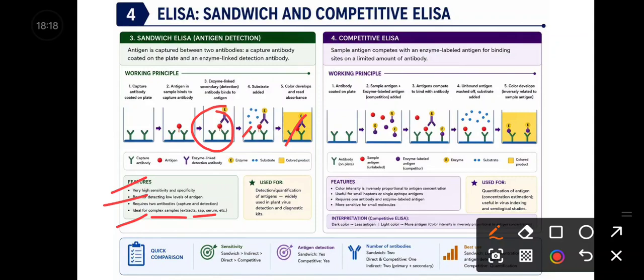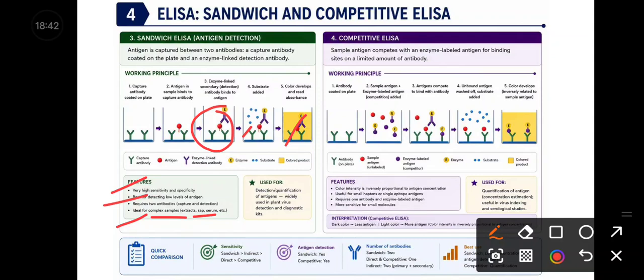Then the fourth one, that is competitive ELISA. Here the sample antigen competes with an enzyme-labeled antigen for binding sites on a limited amount of antibody. So in the first one, direct ELISA, one antibody, one antigen used.